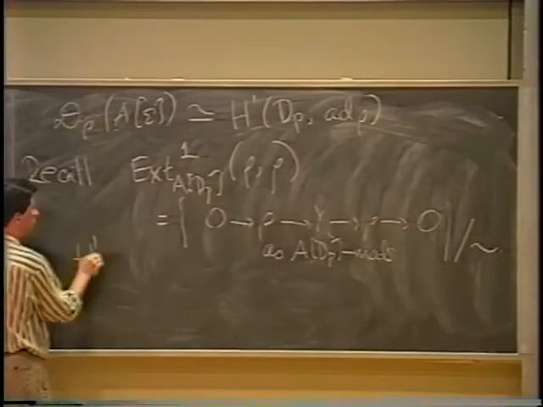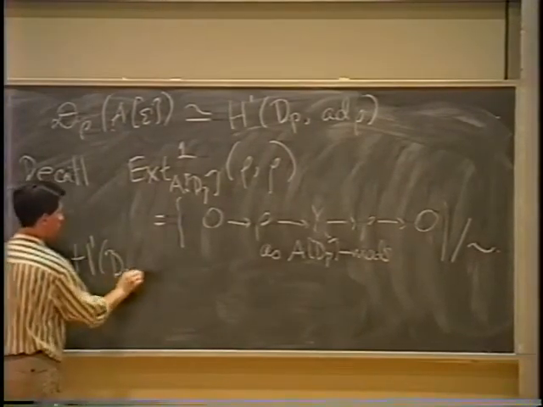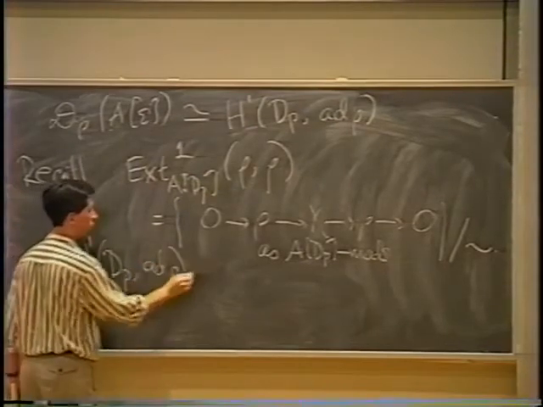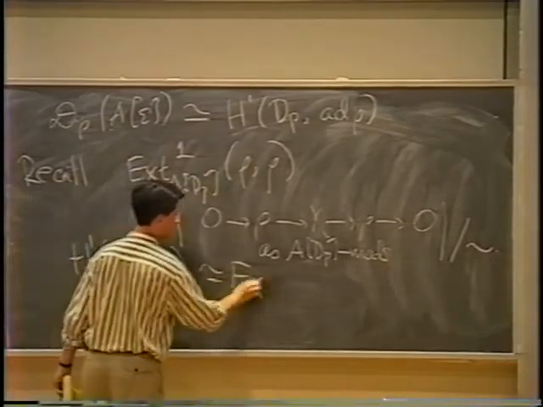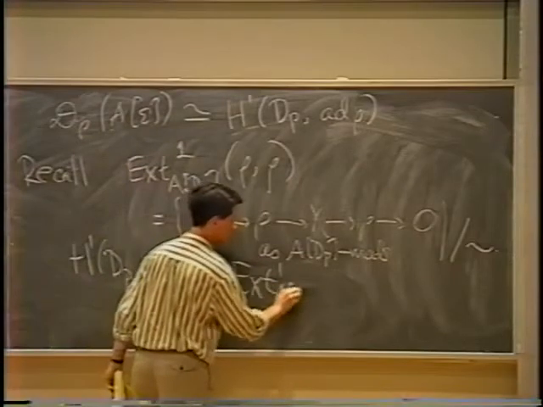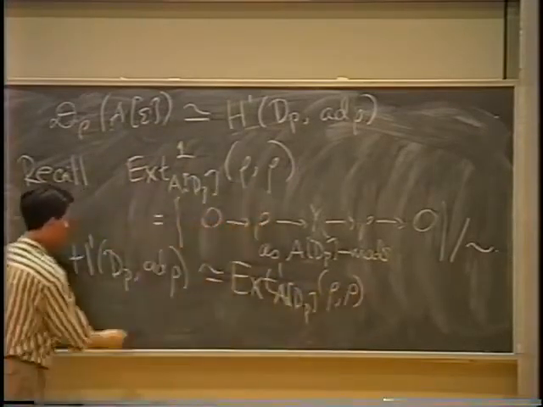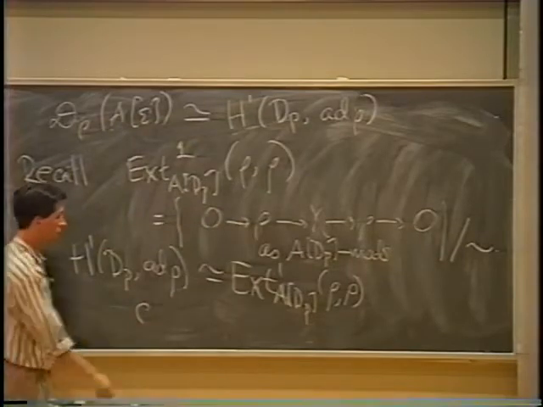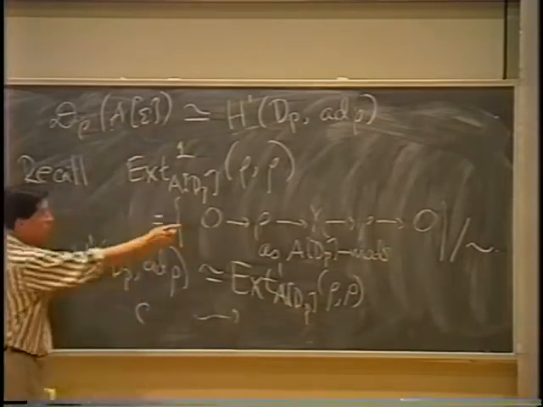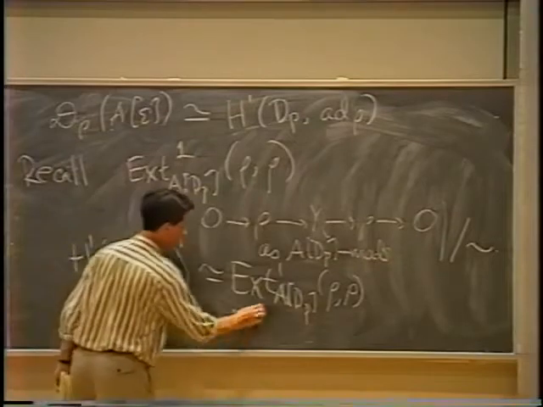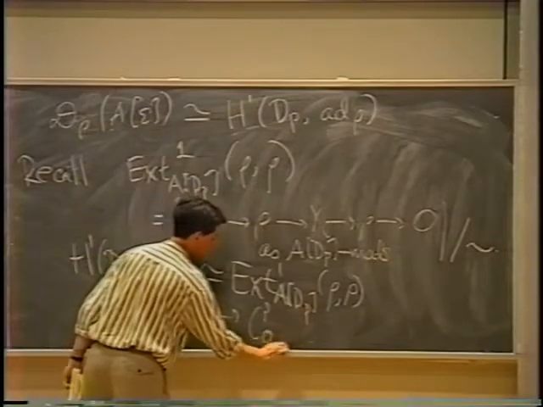More explicitly, we can think of H^1 of D_p. There's just one way of looking at it. You could reformulate this in a lot of different ways. So this Ext module, at least at the level of sets, if we pick a cocycle representative here, we can think of an extension as an upper triangular block matrix with a rho and a 0 and a rho.